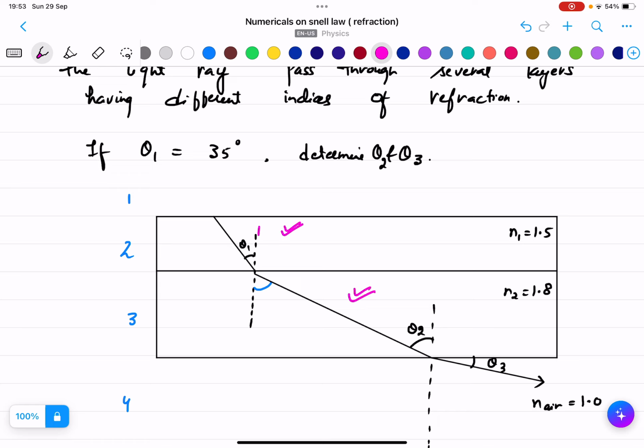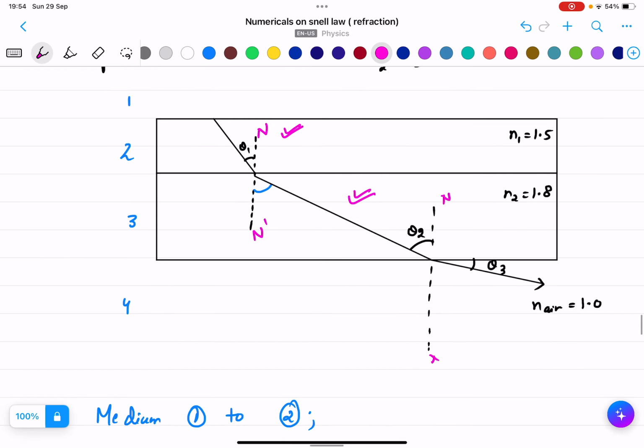You can see this is one normal, n dash. This is another normal, n dash. And one ray is incident, making angle theta 1. And another, we need to find this angle. And then theta 2. And we need to find this angle and this angle. So this is the question here.